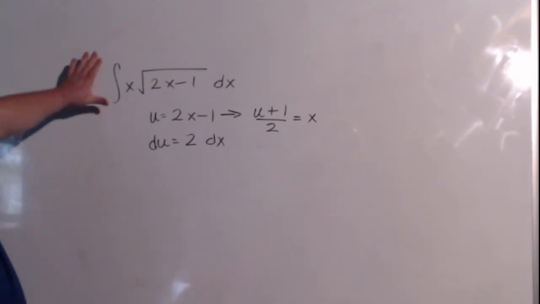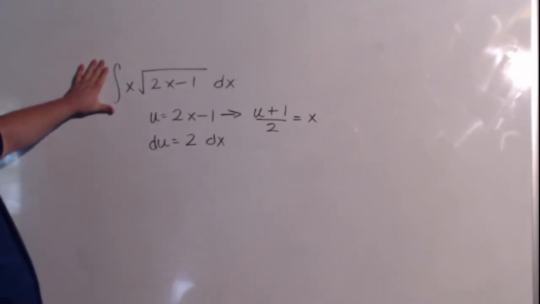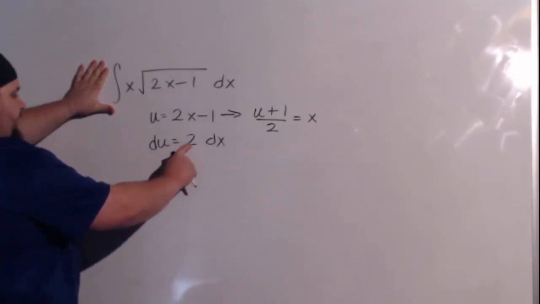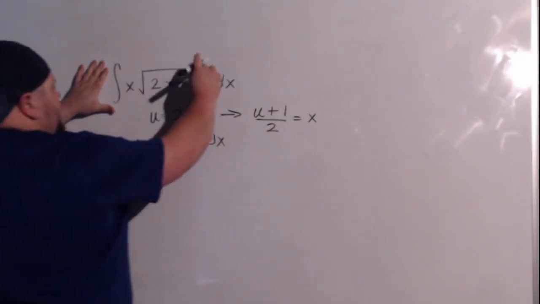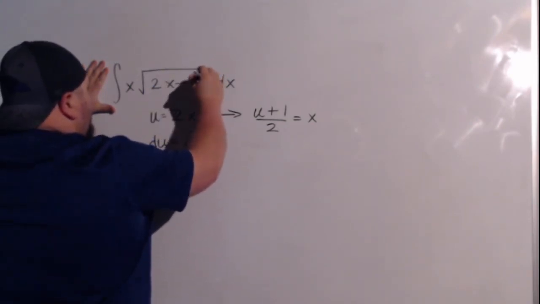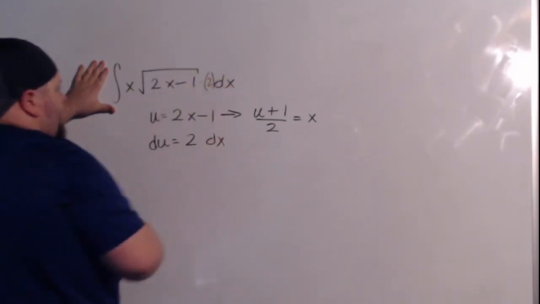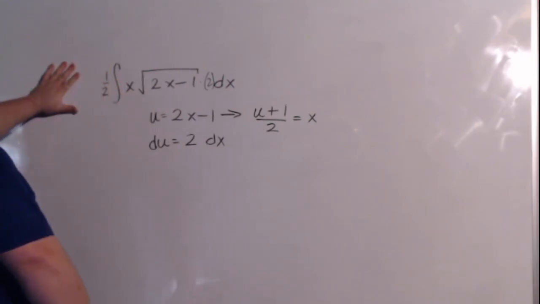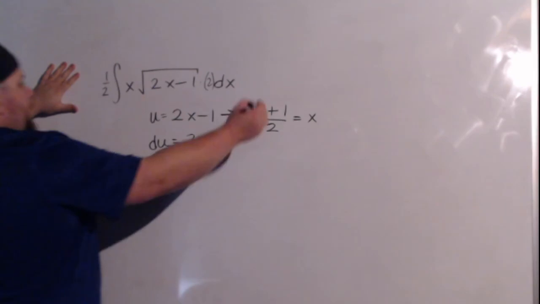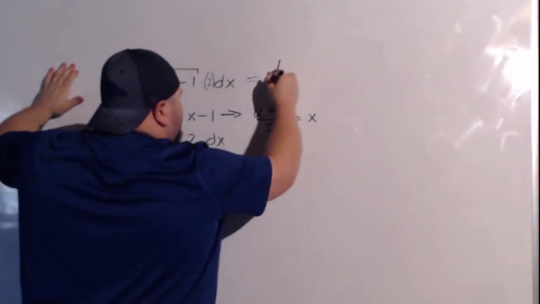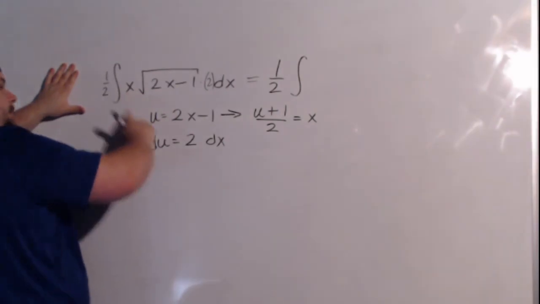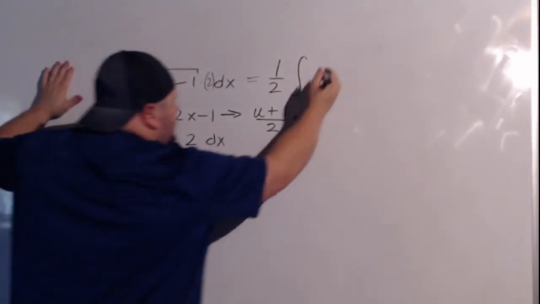So now let's substitute for everything here. Actually, before I do that, my du does need to be 2 dx. So I'm going to multiply by a 2 in there, and therefore put a 1/2 out in front. So now I'm just going to substitute for everything. X is equal to this.